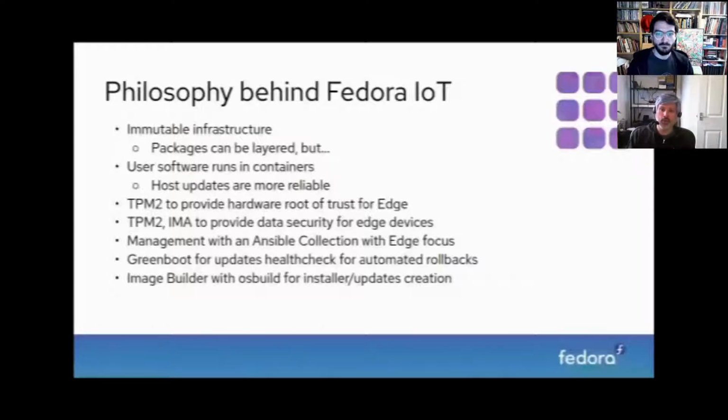That will give a very similar or almost the same experience as the downstream product that Red Hat has called RHEL for Edge, which is using Image Builder exclusively for the creation of images and updates and all of that sort of stuff. Next slide, please.